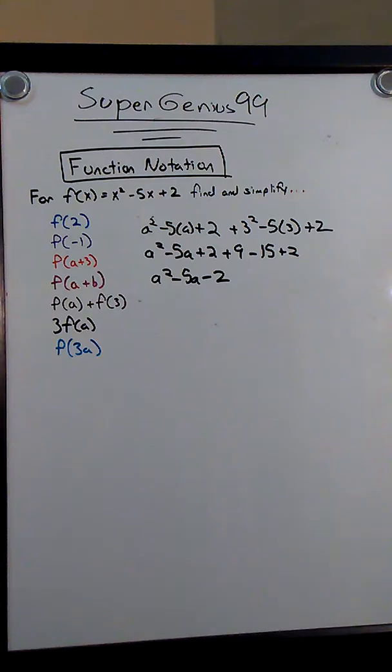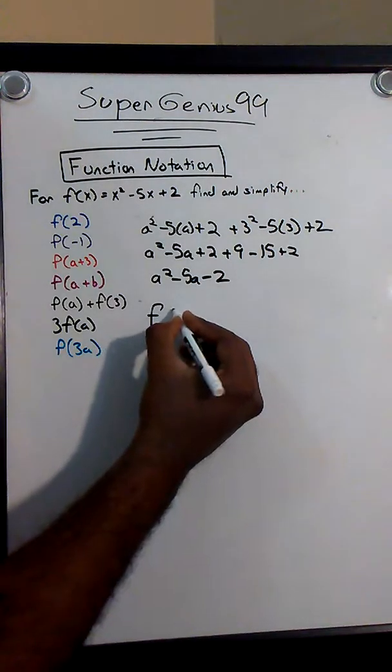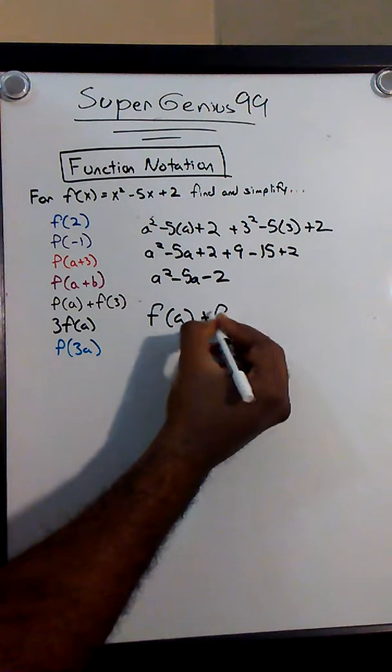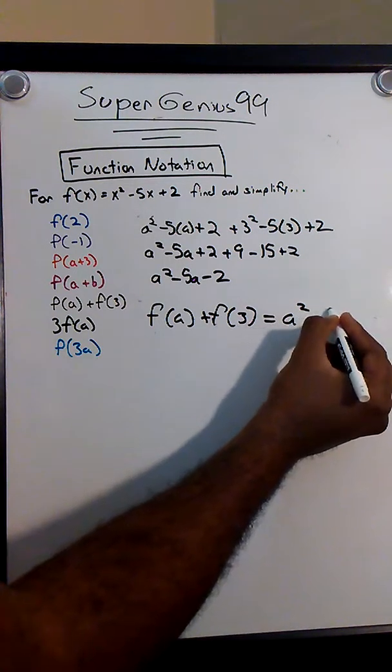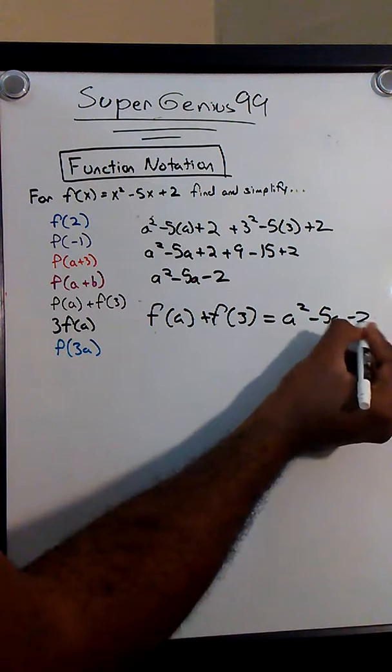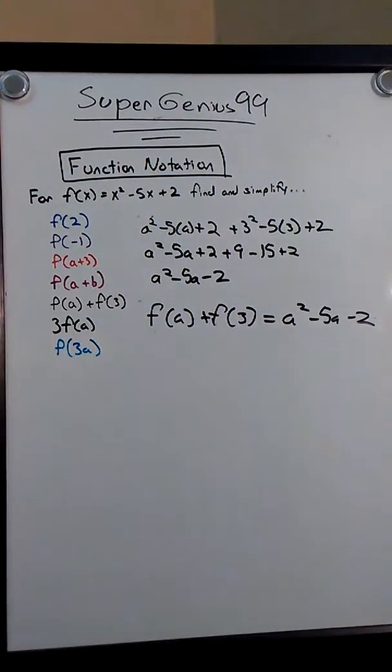So then f of a plus f of 3 equals a squared minus 5a minus 2.